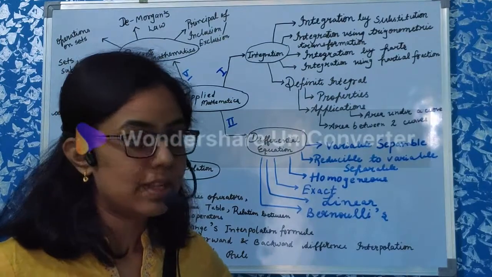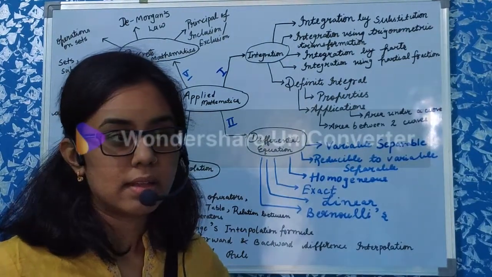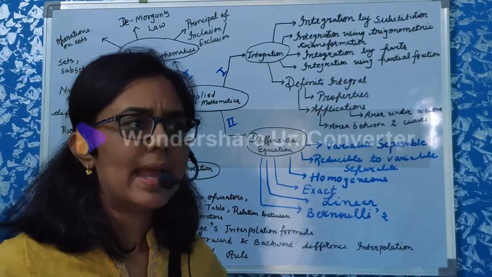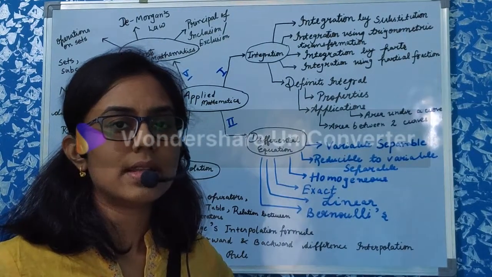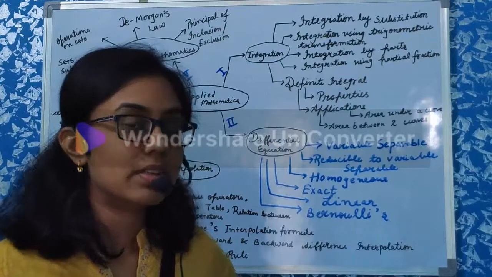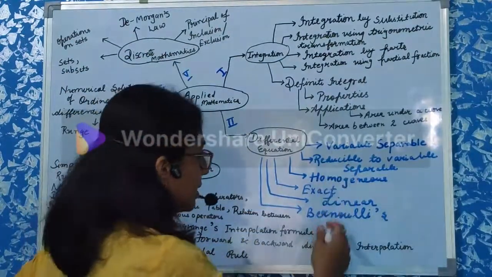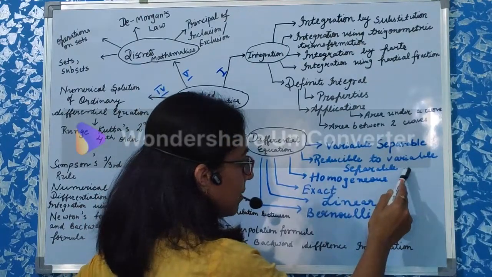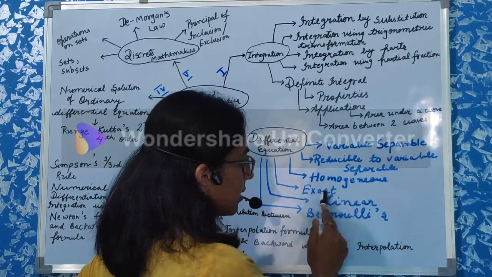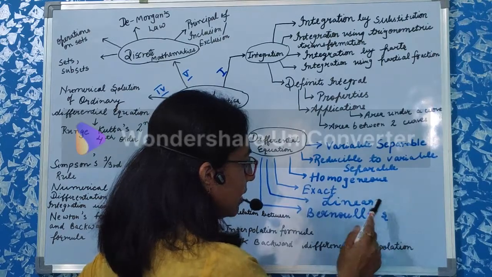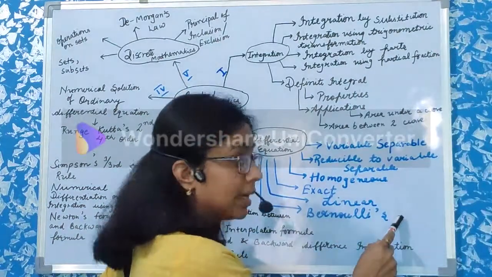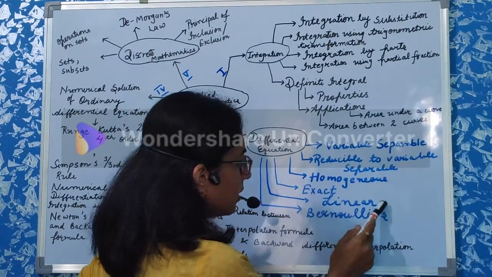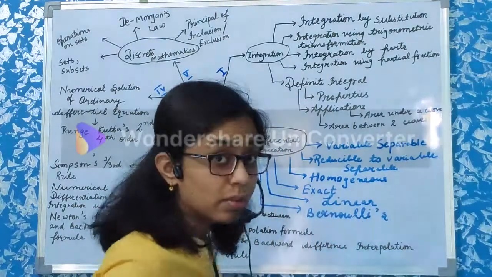After that, we'll be learning how to form a differential equation, and then you will be focusing on the methods to solve differential equation. So these are the methods: variable separable, reducible to variable separable, homogeneous, exact, linear, Bernoulli's. Very popular methods are variable separable, linear, and homogeneous.